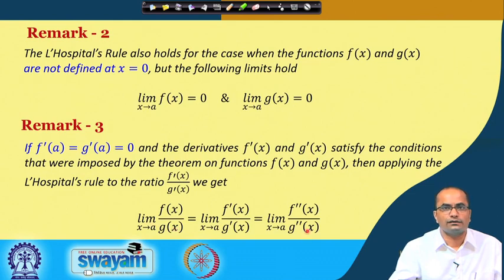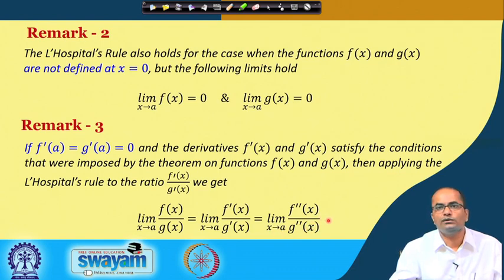Then the rule says that this limit of f prime over g prime will be equal to the ratio of the double derivatives of f and g as x goes to a. So, this is again a more generalized form, that this limit of f over g can be evaluated by the limit of the ratio of f prime and g prime, but if these two f prime and g prime become 0 as x goes to a, then we can again apply the L'Hopital rule. So, the same limit will be equal to the limit of the second derivative of f divided by the second derivative of g as x goes to a.